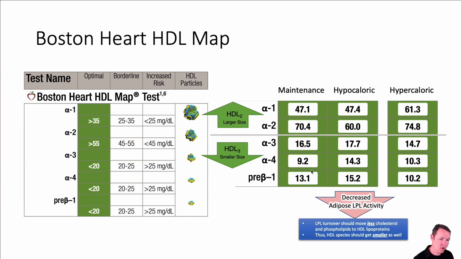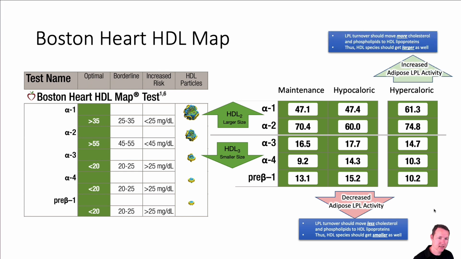We do. We see more of these in the HDL3 column relative to the maintenance level, and definitely relative to the hypercaloric level. But the same thing with the HDL2 species. This is when it's at its lowest, at 60 especially. Likewise, we see with the increased adipose LPL activity, we'd hypothesize it's the opposite, right?